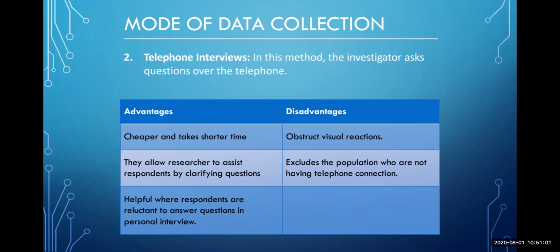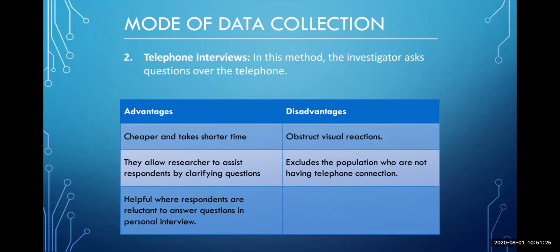If I'm getting the information from the respondent through telephone, I cannot actually know his reaction to that question. Visualization is not possible, because in a personal interview I can know the reaction or behavior of the respondent face to face, which is not possible in a telephonic interview.